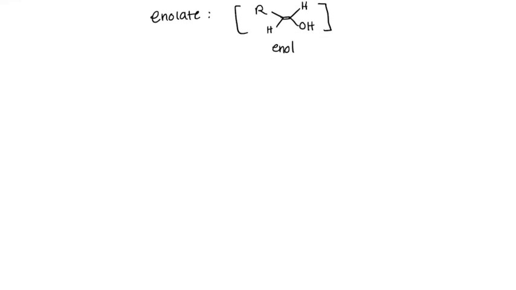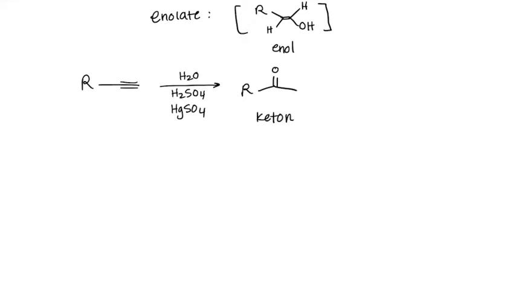Next thing, we have the hydration of triple bonds. So we have H2O and then H2SO4 or HgSO4. They usually use all three together, so if you see it in a question, you'll see all of them together. And then in this case, you're going to get a ketone. And then the enol would look something like this.